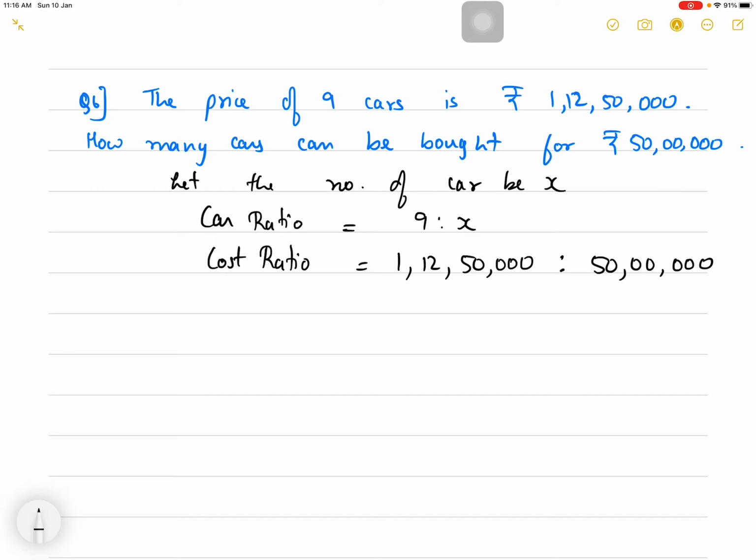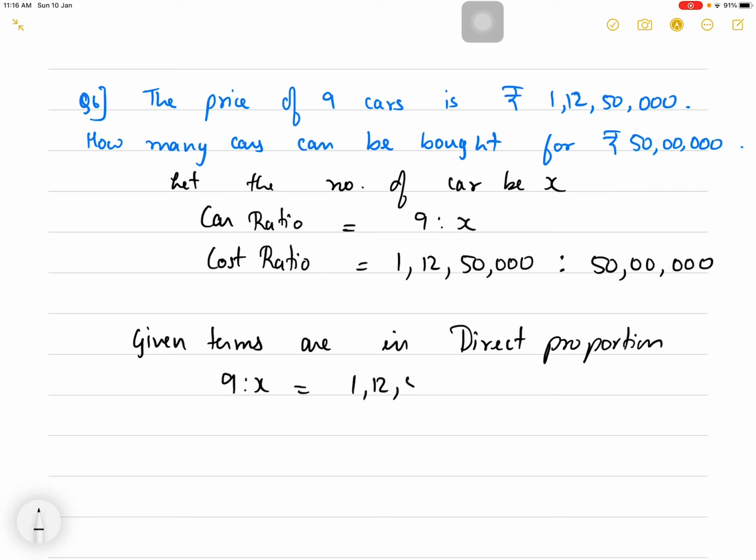Okay, so because it is a direct proportion, 9:x is equal to 1,12,50,000 is to 50 lakhs.